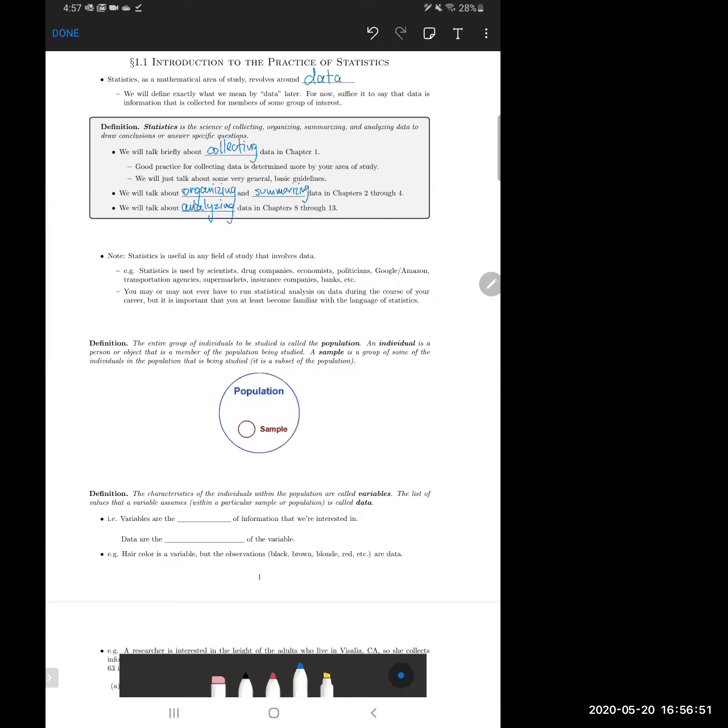You may wonder why we bother studying statistics, why you are being forced to take this class. And the truth is that statistics is really useful. It's really useful in a lot of different fields. Basically, any field where you're going to be looking at data, having a knowledge of statistics will be helpful to you. And I'll be honest, you may not be actually running the statistical analysis yourself, but you'll need to know what people mean when they say, oh, the correlation statistic here was R equals whatever, or the p-value on this hypothesis test was this other thing.